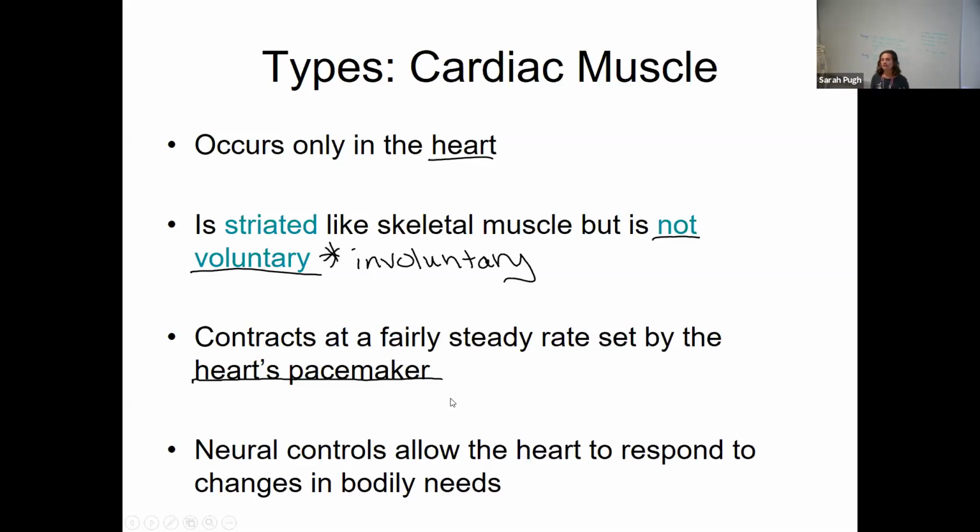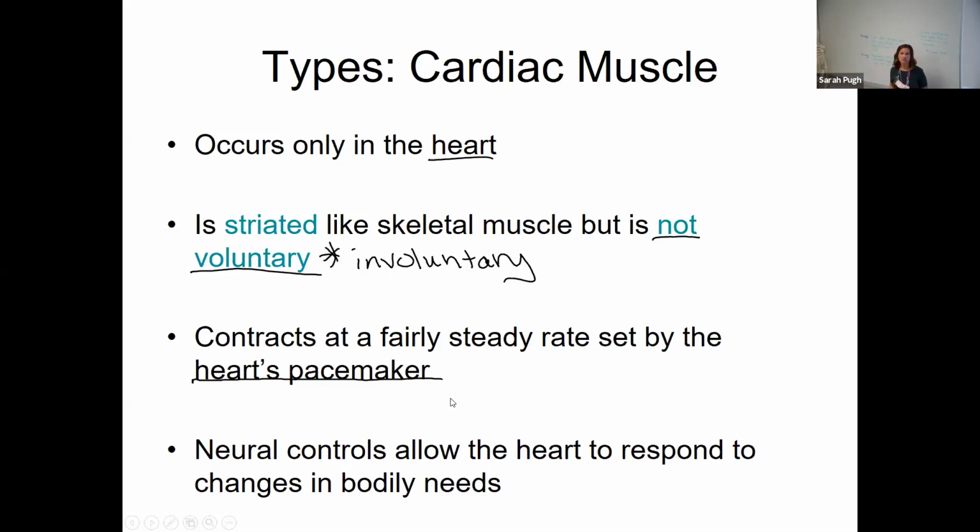Also, your heart is under some neurological controls. So you have nerves that are coming from your brain and from your spinal cord that go to the heart, and they can help your heart respond to your body's needs and demands. So, you know, when you're working out and your CO2 level, which is a waste, starts going up, your body goes, oh gosh, we got to make some changes.